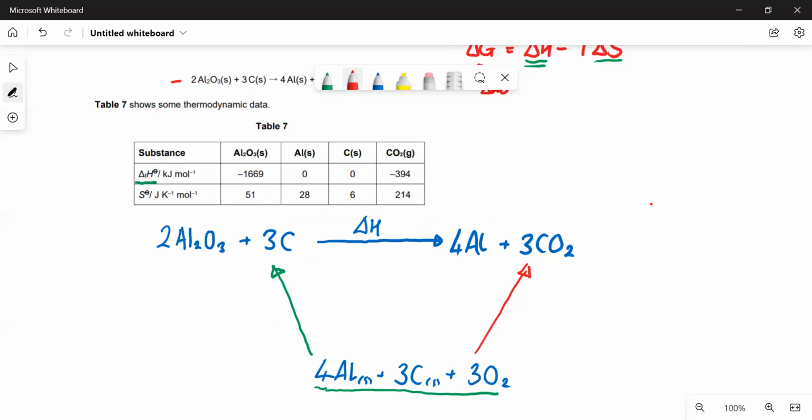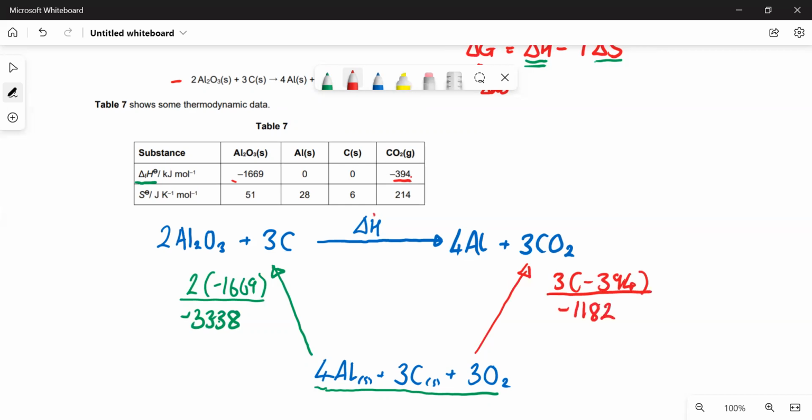But we're forming 2 moles of aluminium oxide, so that is 2 times minus 669, which works out as minus 3338. On this red arrow on the other side, we're forming 3 moles of carbon dioxide, so that's 3 times minus 394, which is equal to minus 1182 kilojoules.